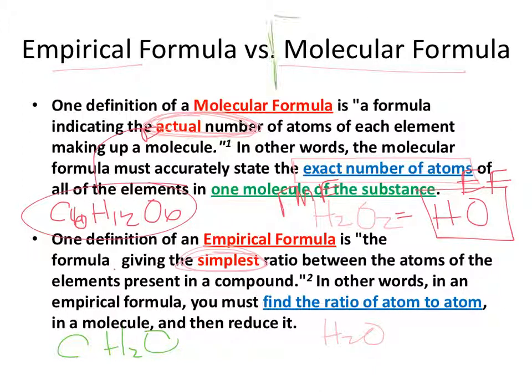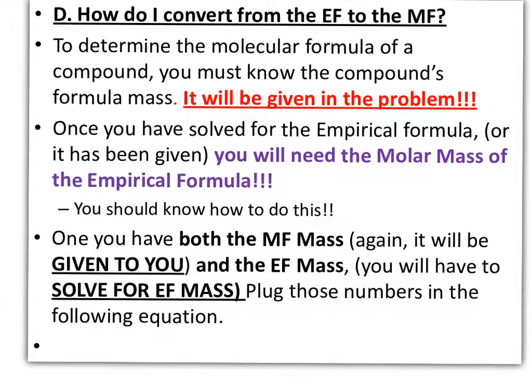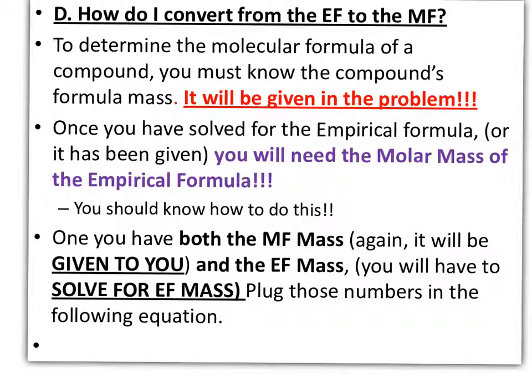So we've got to determine, once we know our empirical, how do we convert it to our molecular? And so I've kind of given some steps in order to be able to figure out how you do it. So number one, to determine the molecular formula of a compound, you must know the formula mass of the compound. And the great news is that it must be given in the problem. If it's not given, you can't do it.